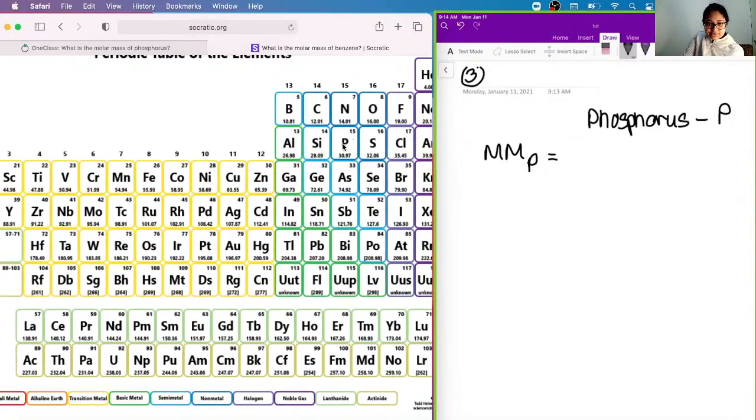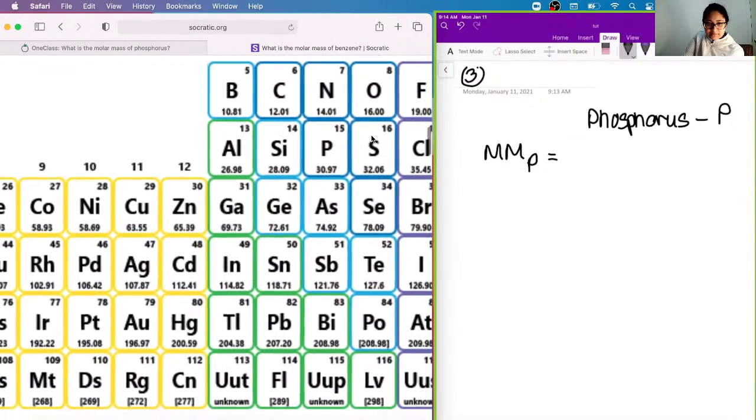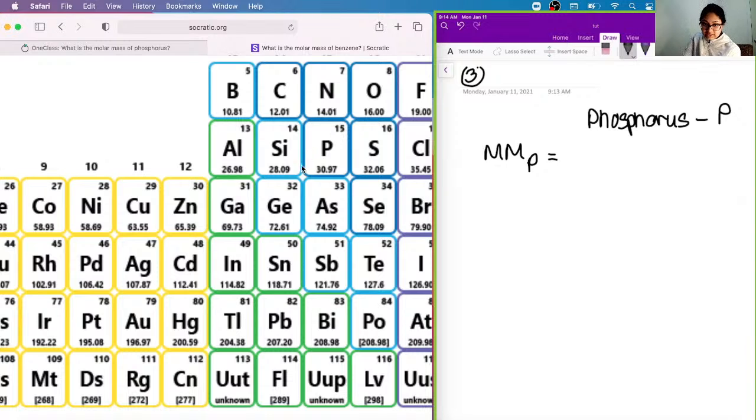And so phosphorus is group 5, and it has an atomic number of 15 and a molar mass of 30.97. So we can say this is 30.97 grams per mole, right? So this is given in your periodic table.